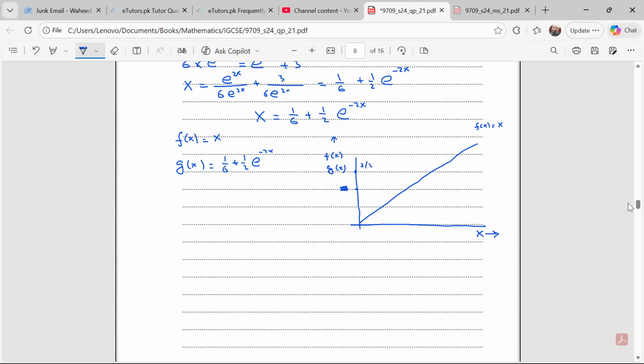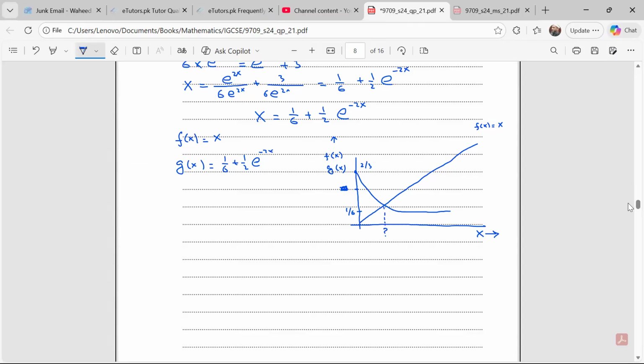It starts from here and goes something like this, and it becomes horizontal at 1 by 6, because when x is very large, this will become 0. So g of x will stay at 1 by 6, right? We need to find this point where both functions are equal.